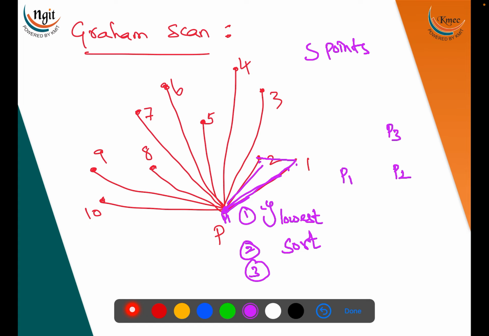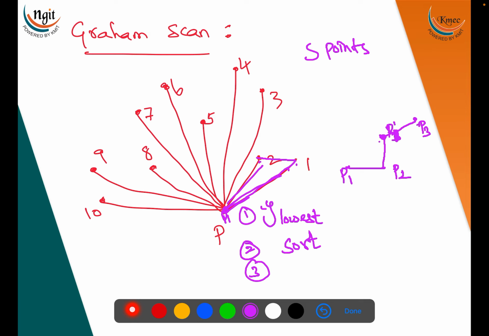Now let's assume that I have P1 and P2 and here I have some P3. After I join P1 to P2, again I have to turn to this side, right? And once I join this, again I have to turn to the right side. Whereas if I turn to this side, it will not be in the convex hull.